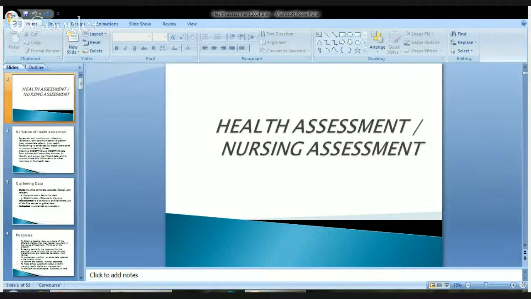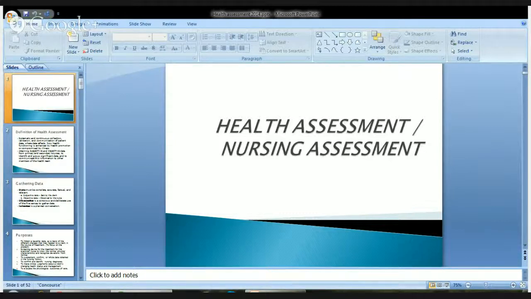Per axilla, it is 97.6 degrees Fahrenheit, and that is 36.5 to 36.6 degrees centigrade. Per rectal, it is 99.6 degrees Fahrenheit, or that is 37.4 to 37.5 degrees Celsius.